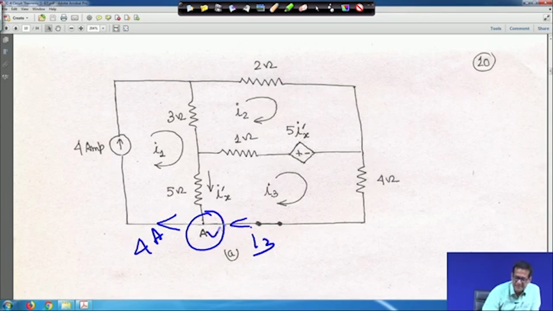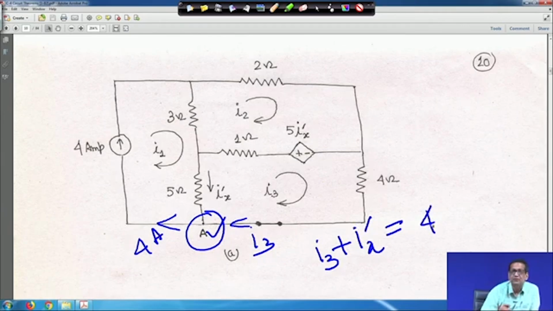If you apply KCL at node A, it becomes I3 plus Ix dash, both entering the node, and 4 ampere leaving, so this is 4. KCL is needed for solving this circuit.